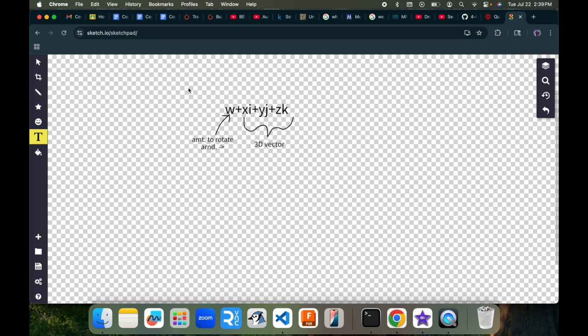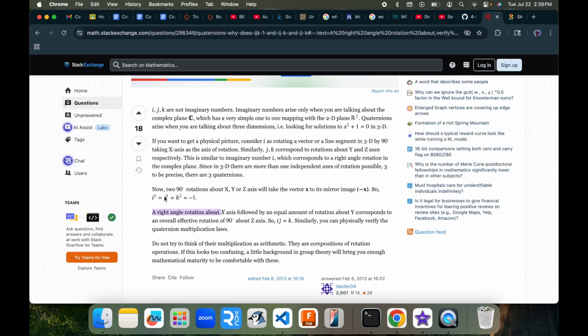And then, well, I think William Hamilton was the guy who created these. He said i squared equals j squared equals k squared equals ijk. I don't really understand this because I don't know, i squared equals j squared equals k squared equals what?